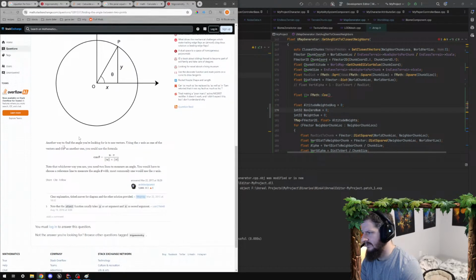Bro, some of this stuff is so over my head right now. I forgot that Unreal has a different coordinate system than literally any other piece of software.